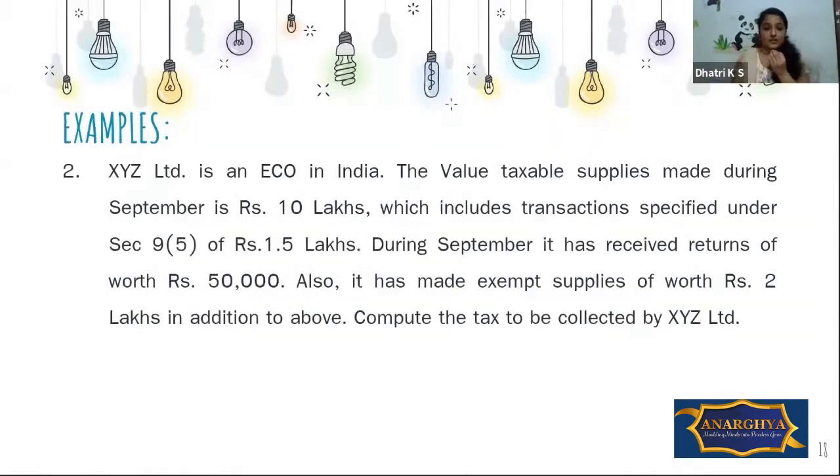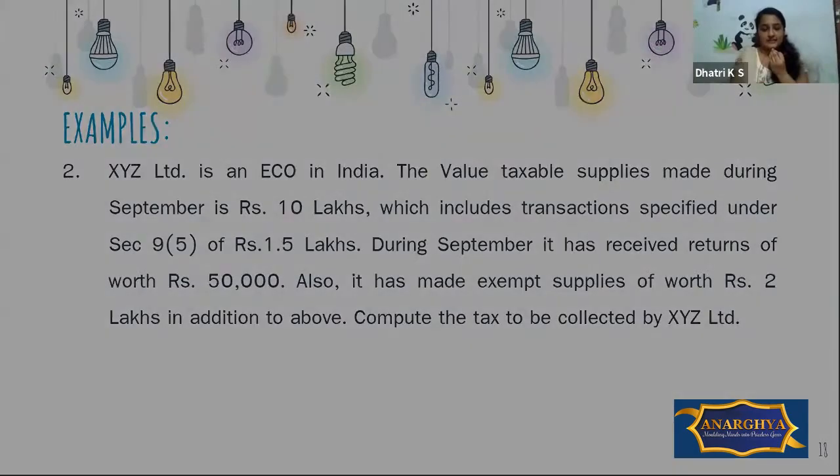XYZ Limited is an electronic commerce operator in India, and the value of taxable supplies made during the month of September is 10 lakh rupees, which includes transactions specified under Section 9, Subsection 5 of 1.5 lakh rupees. And during September, it has received returns worth 50,000 rupees. In addition to this 10 lakh, it has also made some exempt supplies. So in this case, we have to compute the net value of taxable supplies.